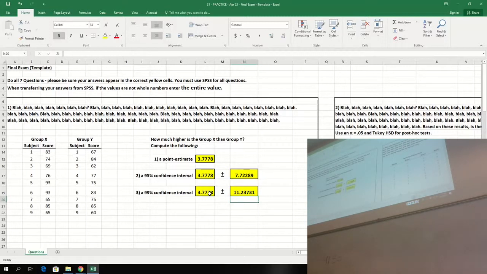Okay. So in this case, this 95% confidence interval, you are 95% confident that the difference between group X and group Y is somewhere in here. But notice somewhere in here is zero difference. That means that you cannot be 95% confident that group X is bigger than group Y, because your 95% confidence interval also has this one where group Y is bigger than group X. So that's what we looked at.